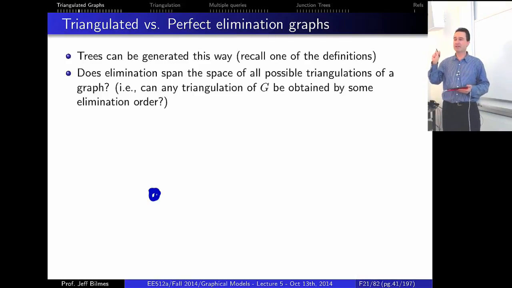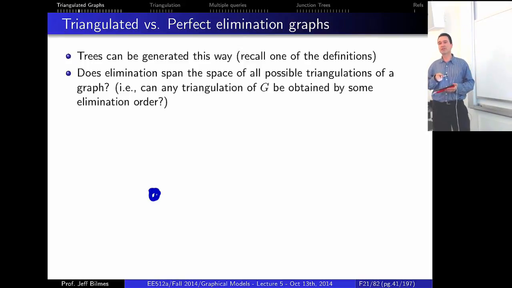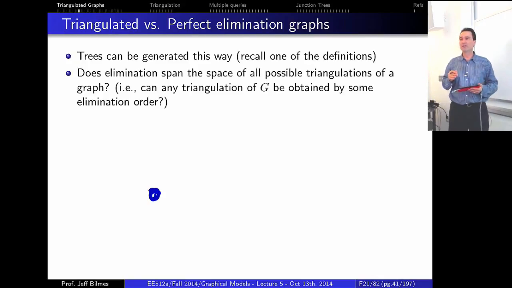Triangulating basically means adding edges or running the elimination process. Think of there being a finite number of ways of triangulating that graph. One possible way would be to turn that graph into a clique. So the question is, does the elimination process span the set of all possible triangulations, triangulated covers, if you will, of a graph?